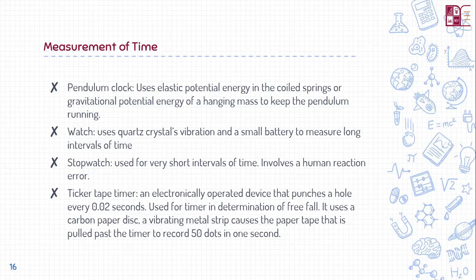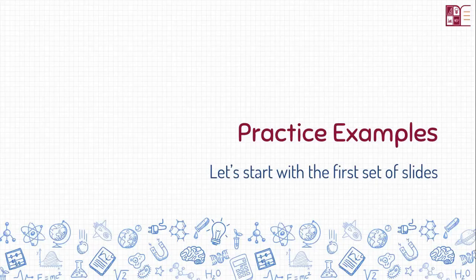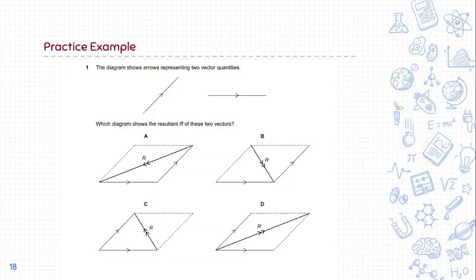By means of a carbon paper disc, the vibrating metal strip causes the paper tape that is pulled past the timer to record about 50 dots in 1 second. So the time interval between two consecutive dots is about 0.02 seconds. It's the kind of device that measures time in 0.02 second intervals or ticks, which gives it the name ticker tape timer. Now, moving on to our practice examples.